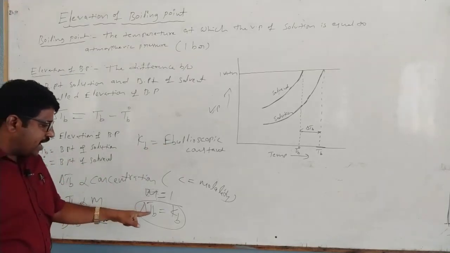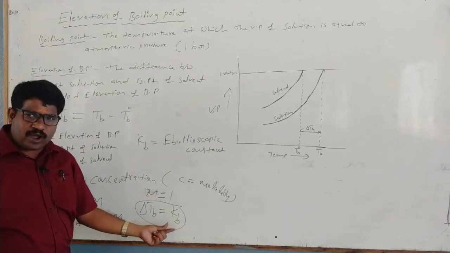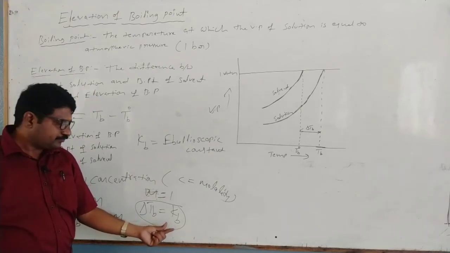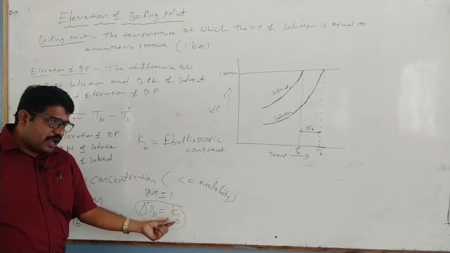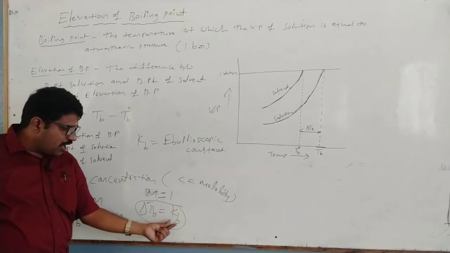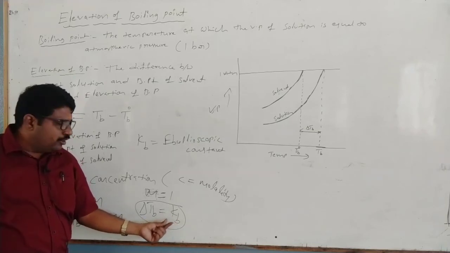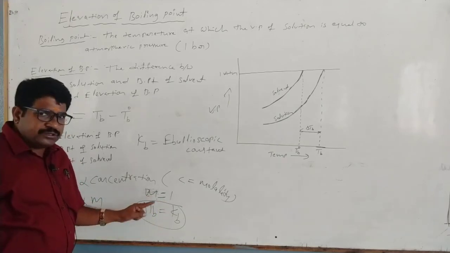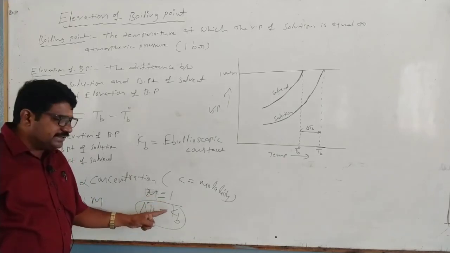Then how do we define this? The ebullioscopic constant is the elevation of boiling point caused by 1 mole of solute dissolved in 1000 grams, or 1 kg, of solvent.